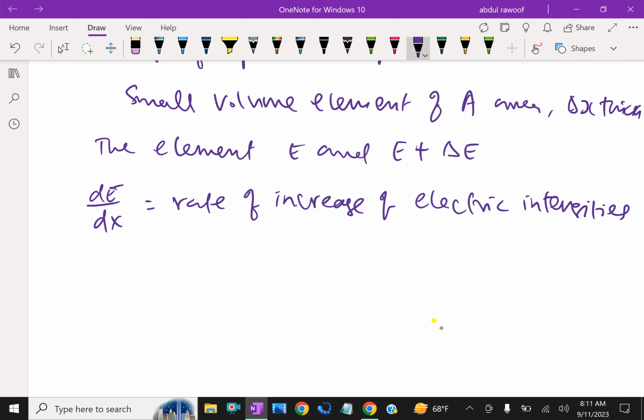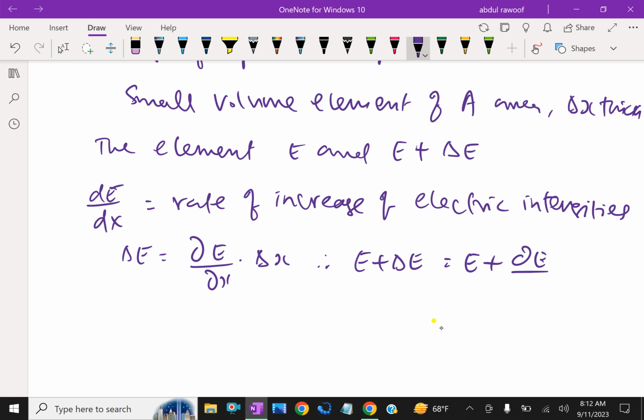Then delta E equals the partial derivative dou E over dou x into delta x, and therefore E plus delta E equals E plus dou E by dou x into delta x.